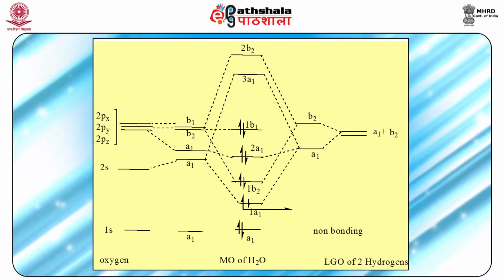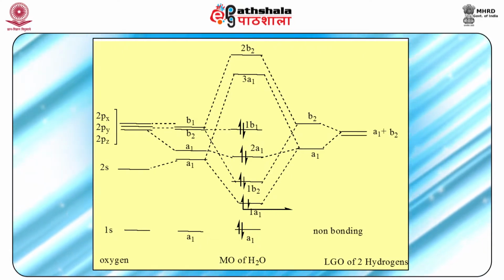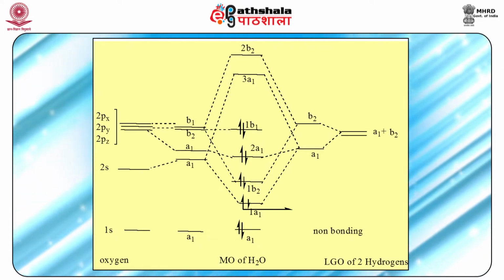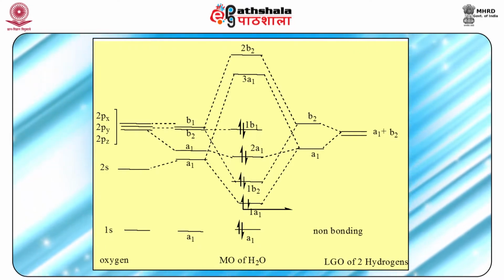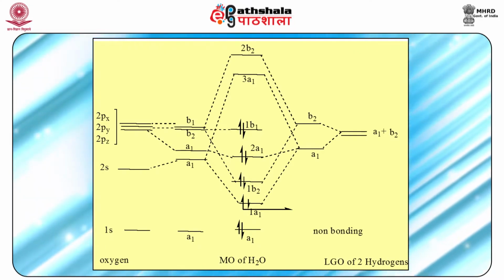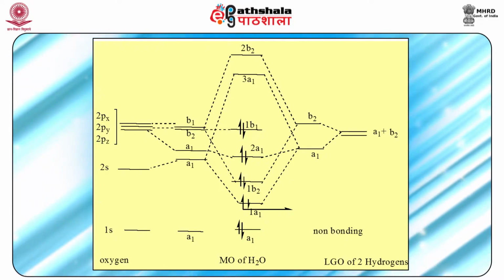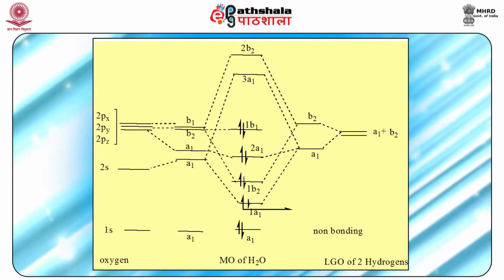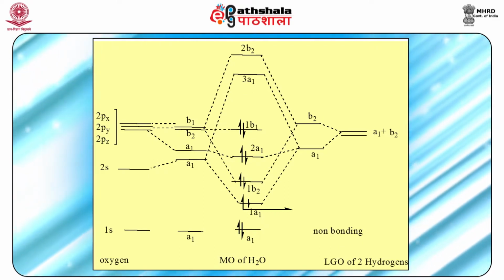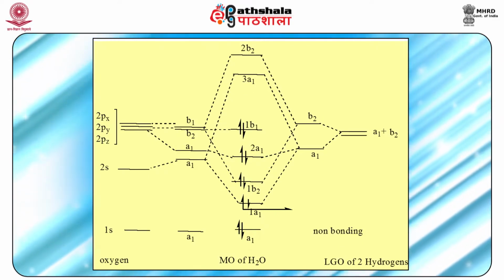Now we match the symmetry of these, and then we find that when atomic orbitals overlap, we get bonding and anti-bonding, or non-bonding. Like this we have the orbitals as A1, then 1A1, 1B2, 2A1, 1B1, 3A1, 3B2.